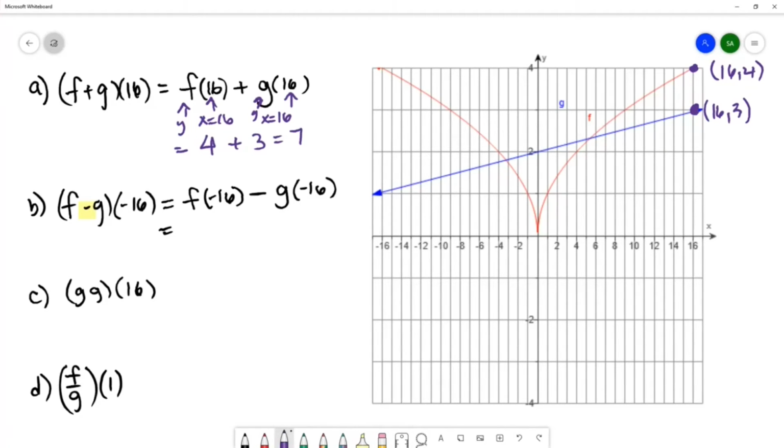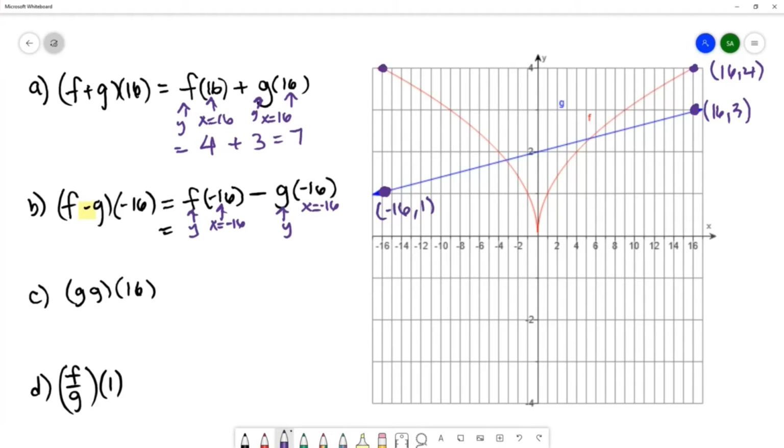So I need to identify an x value of negative 16 and find the y for f, and an x value of negative 16 on g and find the y. Over here on the left hand side, I've got this ordered pair, which is on g, and that is the ordered pair negative 16, 1.